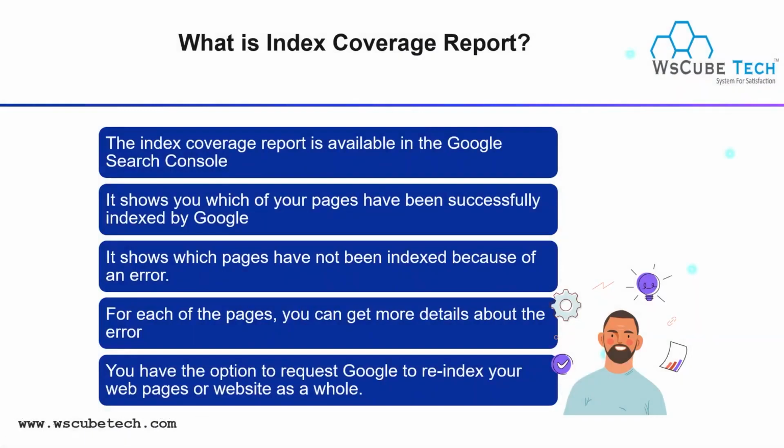Now we have one report in our Google Search Console, a tool which helps us to monitor all the errors related to our website. So in crawling and indexing, in this particular topic, we will learn what the indexing report is and how the indexing report works.